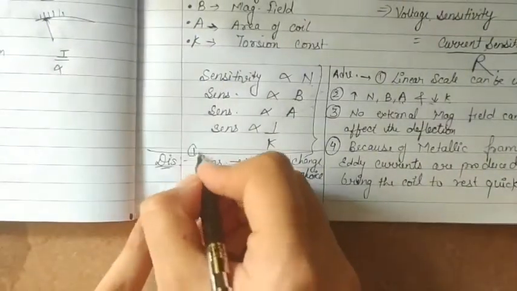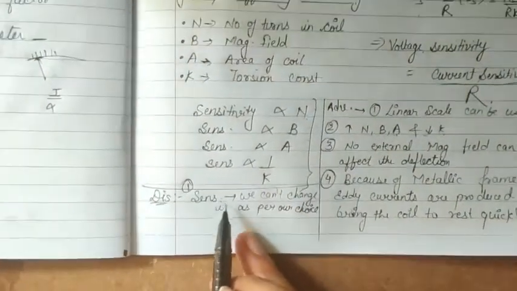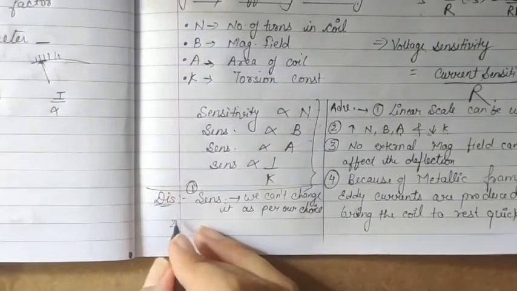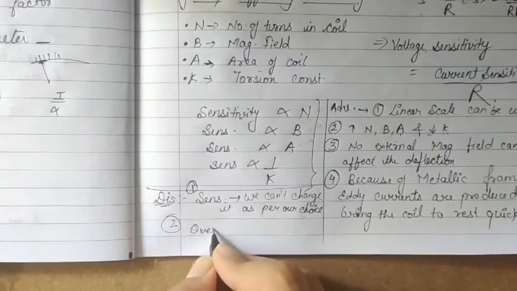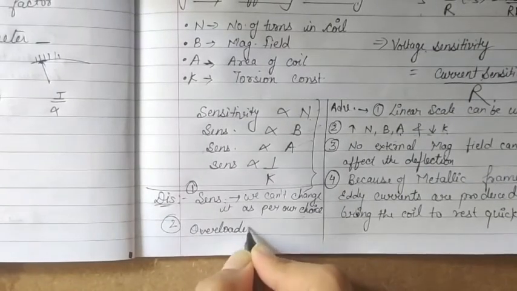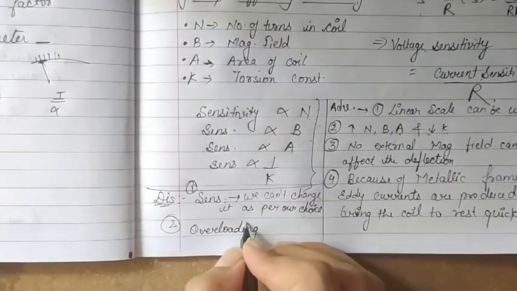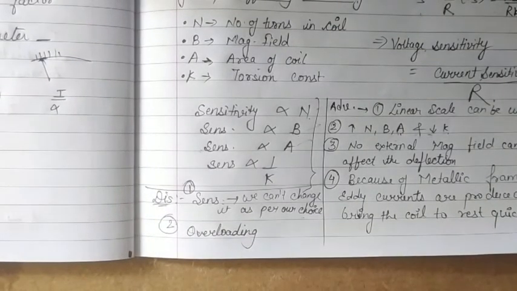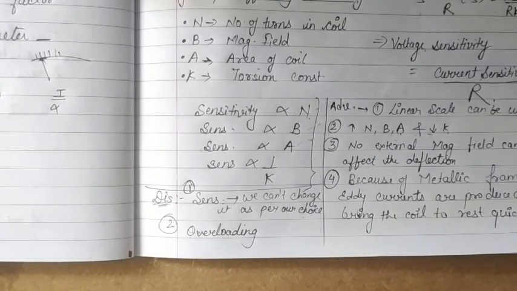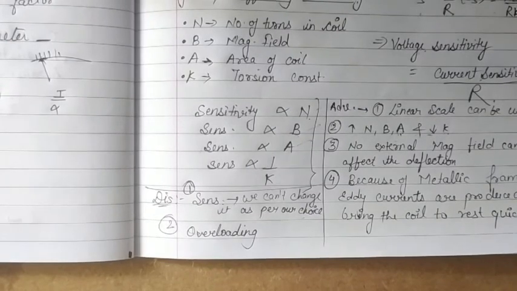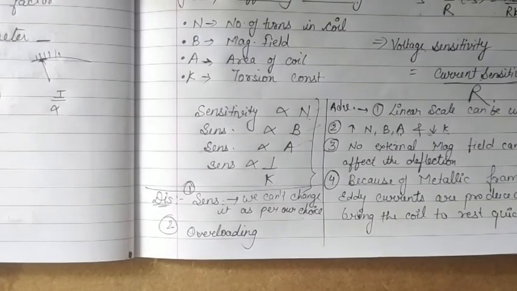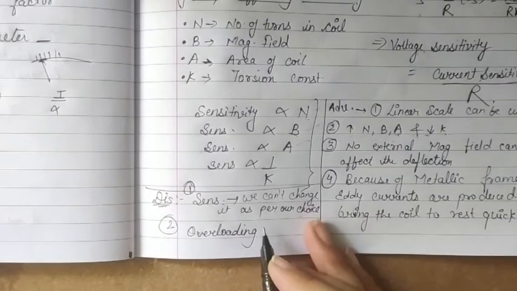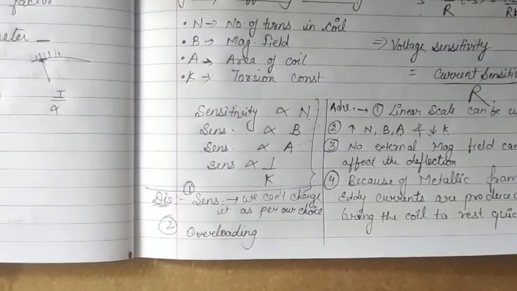And the second thing is overloading: whenever the instrument goes through a current more than the maximum value that it can bear, its hair springs or suspensions will burn out and the moving coil galvanometer will be easily damaged because of that overloading. So these two are the disadvantages of using a moving coil galvanometer.